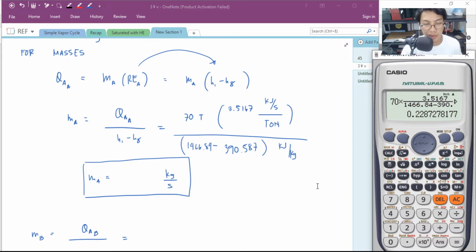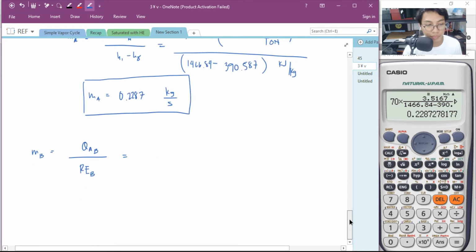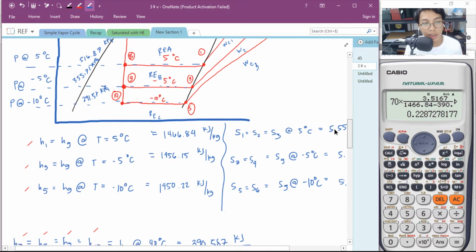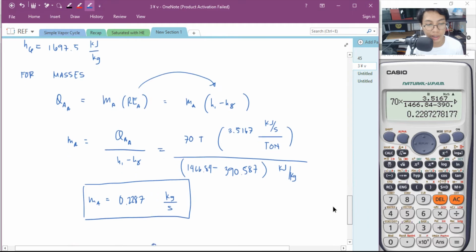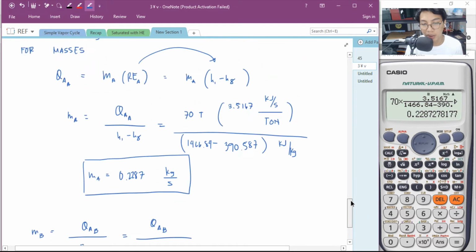Kaya pala ang laki ng refrigerant mo, 1 kilogram kagad. 0.2287 kilogram in every second. So, QAB divided by H. Saan siya nagmula na H? H3 minus H9. Yan, H3 minus H9.